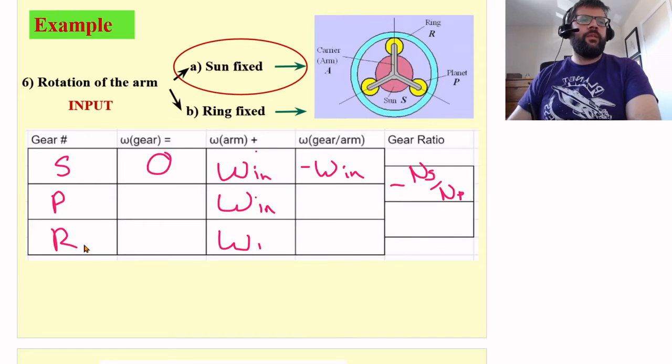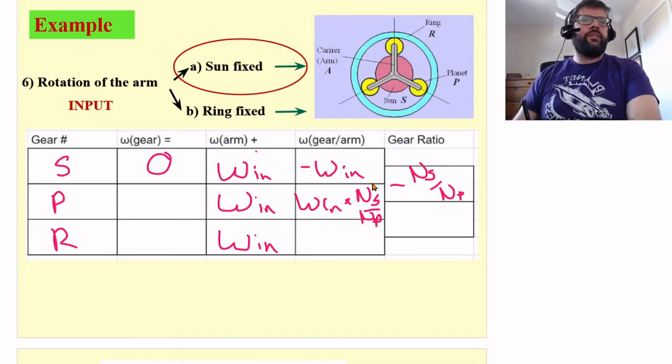W in is still fixed for all of those because our input is the arm. Then the rotational speed of the planets relative to the arm is based upon this gear ratio, so that'll be W in minus W in times NS over NP.